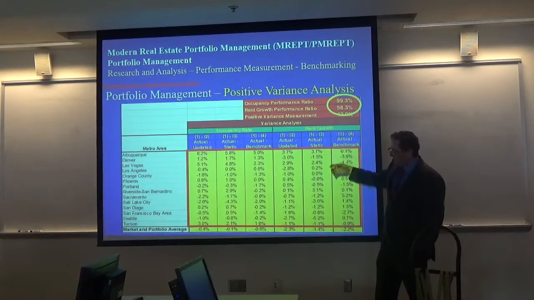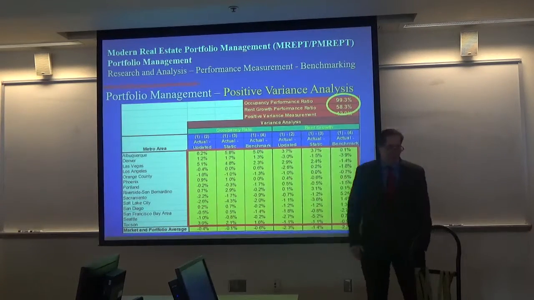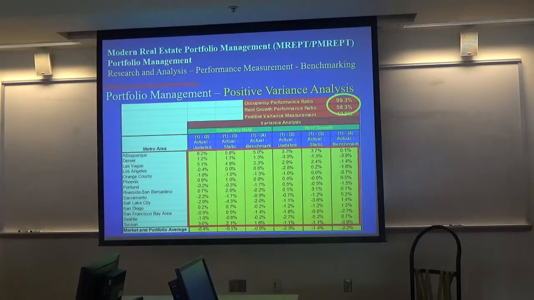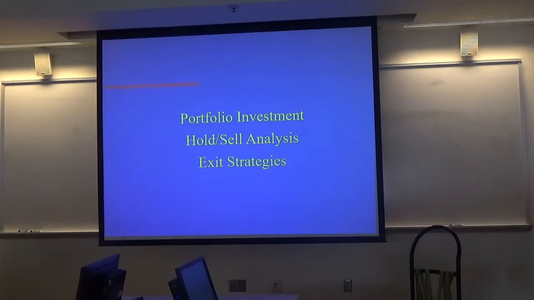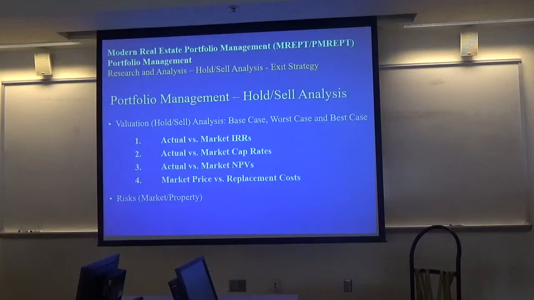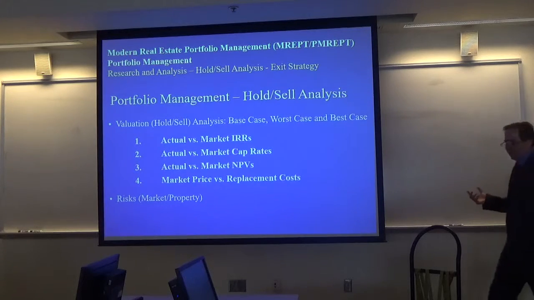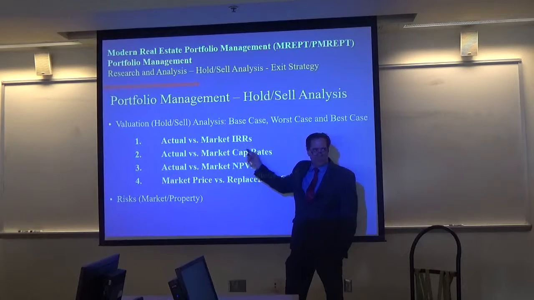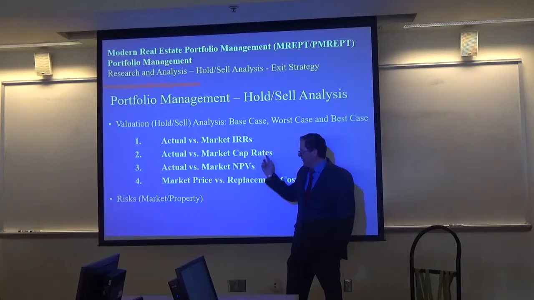We updated this every quarter to track our performance as we were managing the portfolios, benchmarking to the market. And then you have to do an annual hold-sell analysis, looking at actual to market IRRs. Are we getting a higher rate of return than the market? If we're not, then we should probably sell the property.